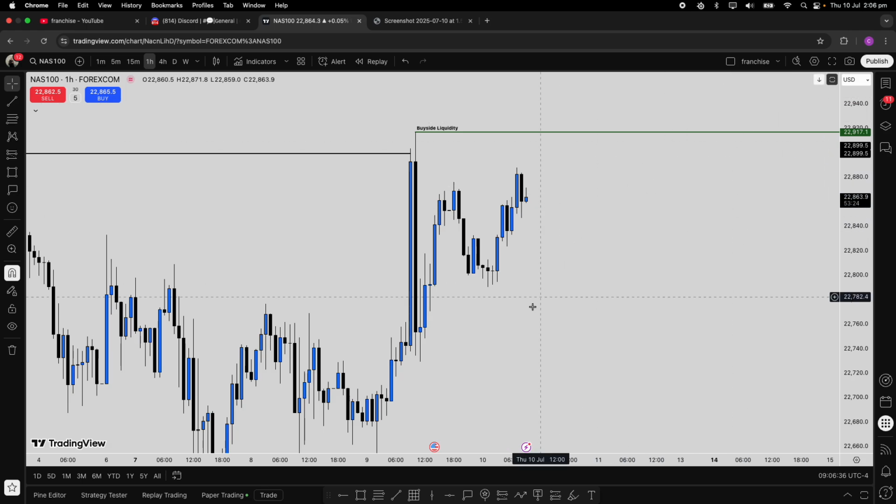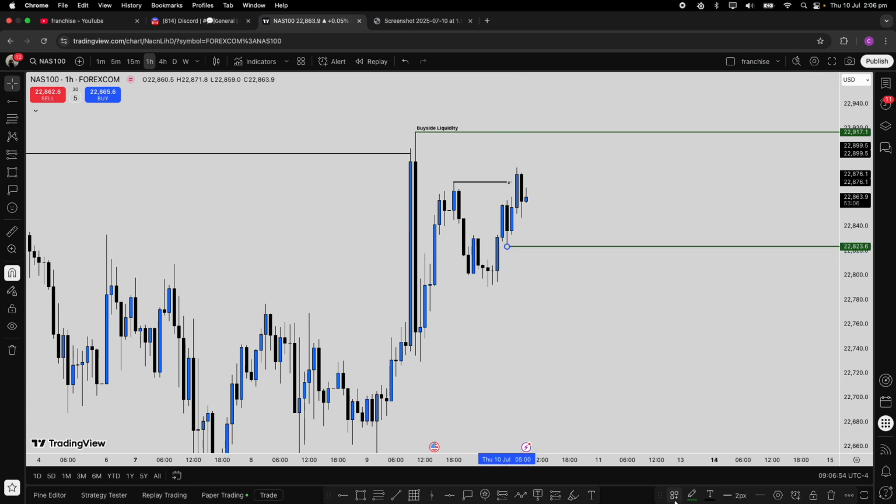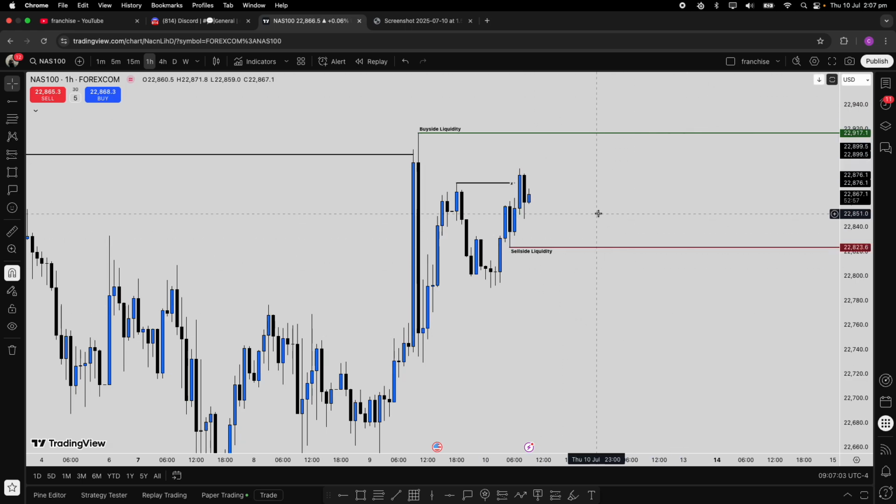So if I'm anticipating price to move from this ERL to this, well, to a low hanging fruit objective to this sell side liquidity, I would expect the shorts to be more prominent on ES because it's the weaker pair.